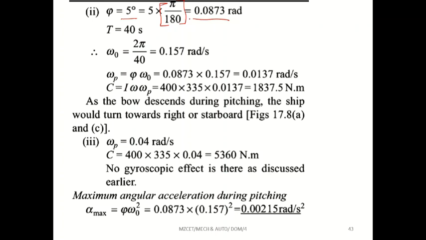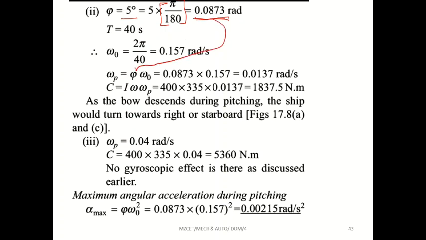So omega p equals pi into omega naught, where pi value is 0.0873.